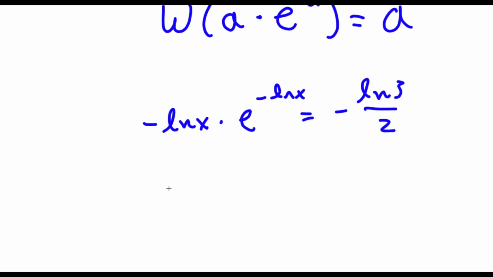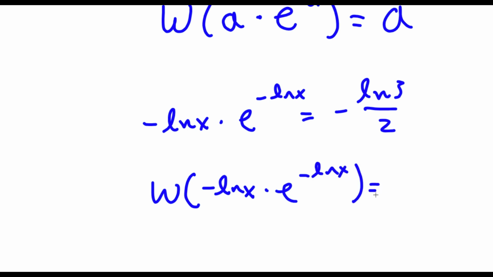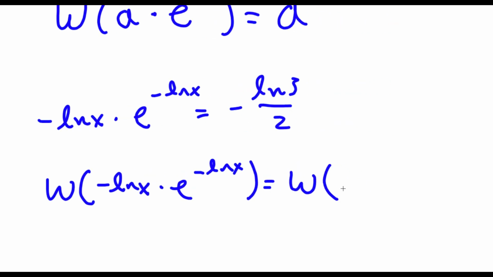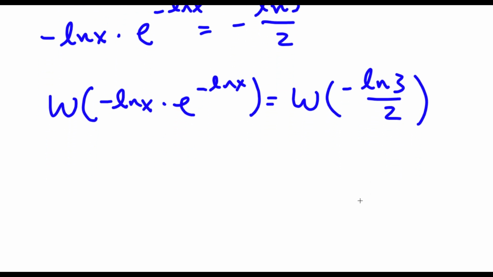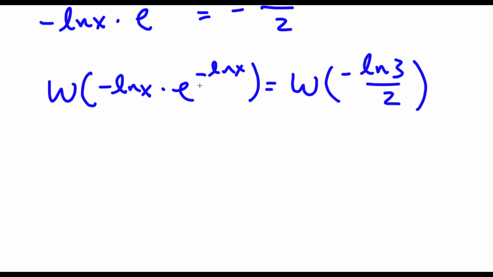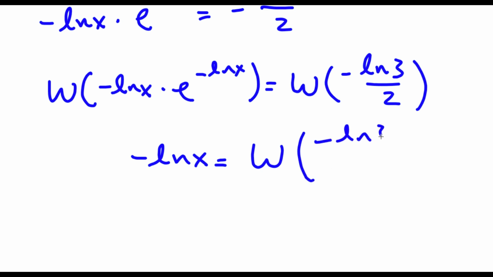And now we can go ahead and take the W-Lambert function on both sides. So now I have w of negative ln x times e to the power of negative ln x is equal to w of negative ln 3 over 2. Now, this is simply equal to a, which is negative ln x in this case. So now I have negative ln x is equal to w of negative ln 3 over 2.